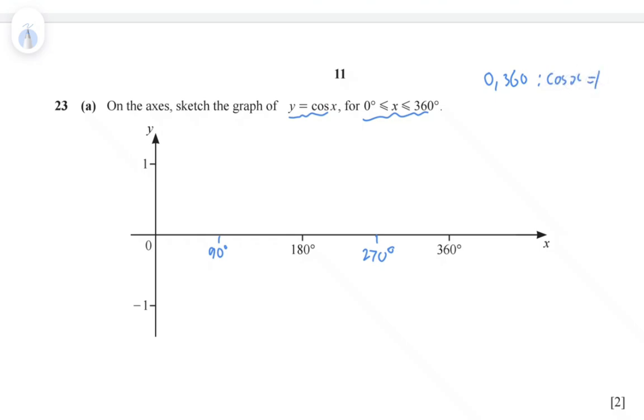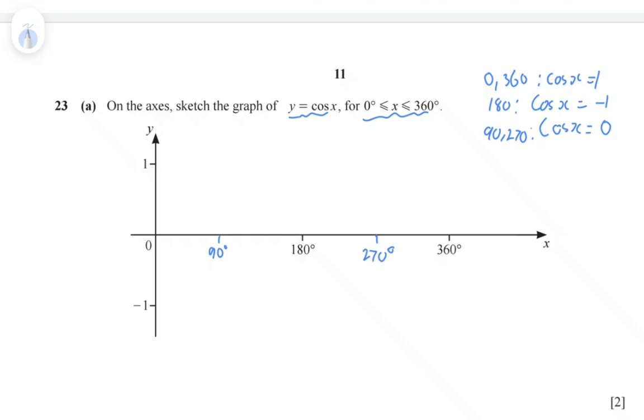And we know that at 180, cos x is equal to negative 1. And at 90 and 270, cos x is equal to 0. You can find this by typing cos 90 degrees into your calculator, and you'll get the appropriate answers.